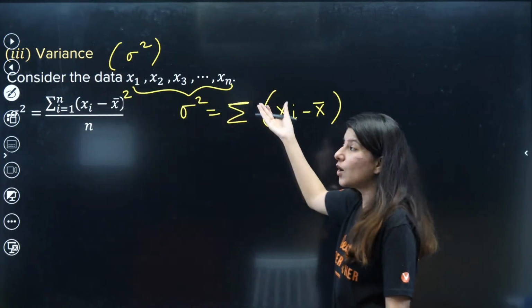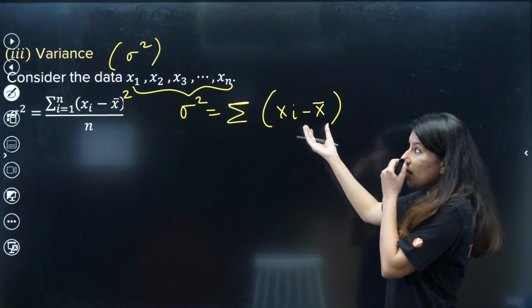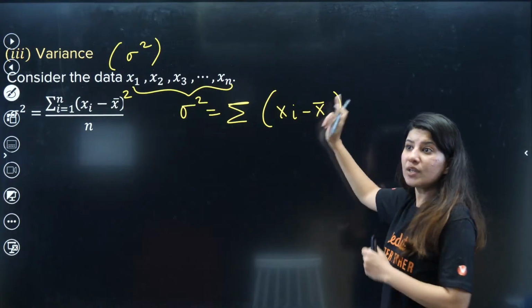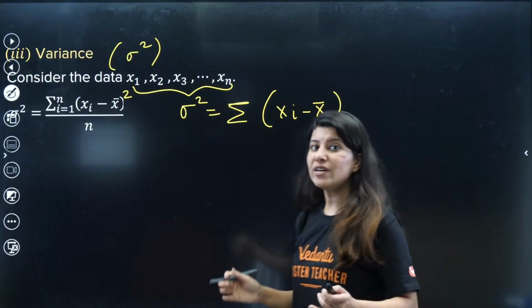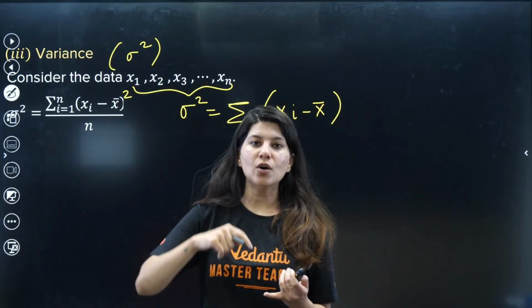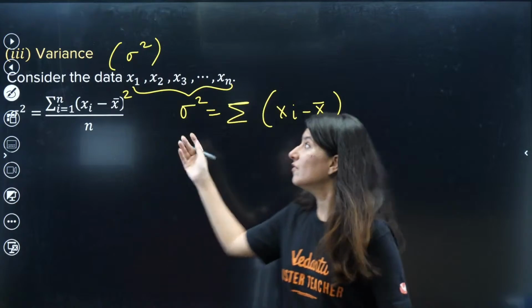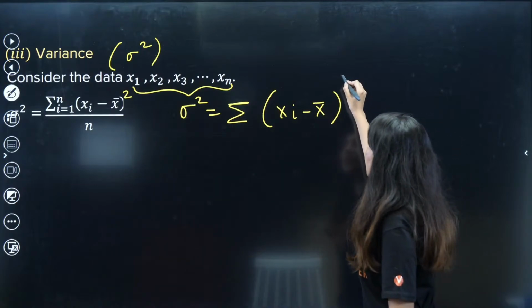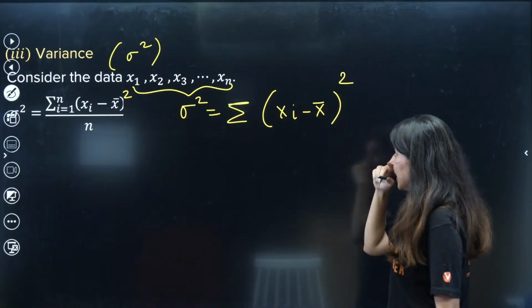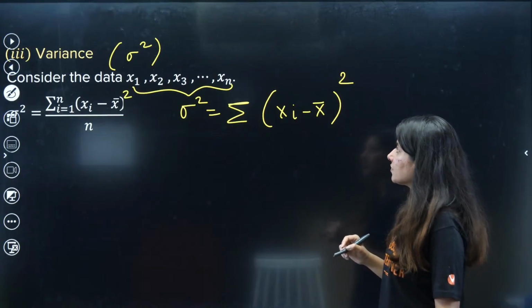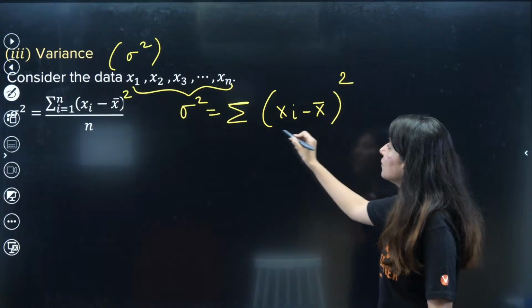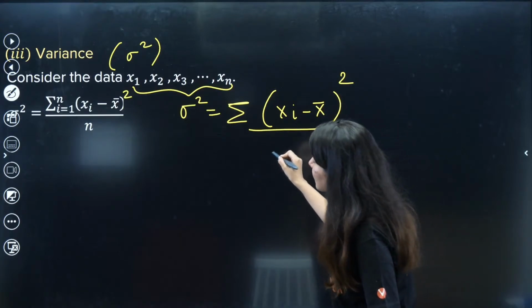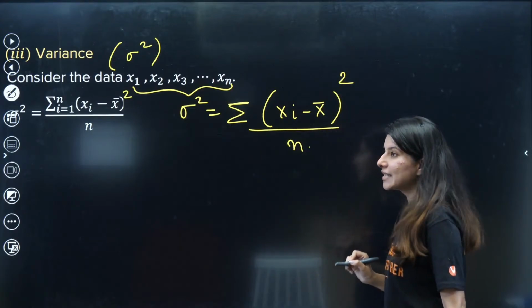Variance is all about the mean only, not about median, not about mode, specifically x bar. However, mean deviation can be about mean, median or mode, but variance is only about this. There is a square. So basically the mean of the deviation of squares of the quantity. So basically this would be upon n. As simple as that.